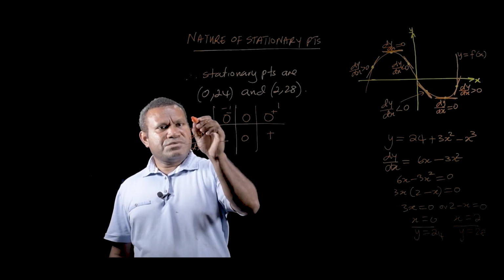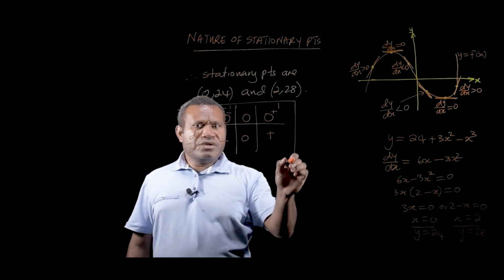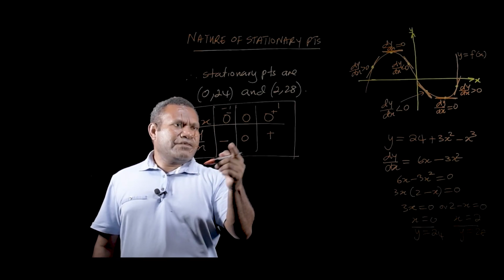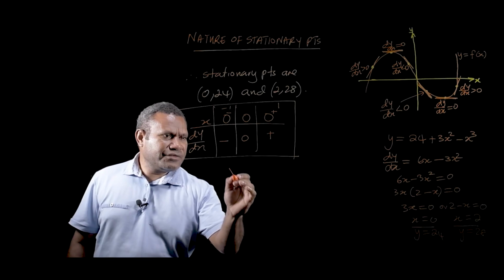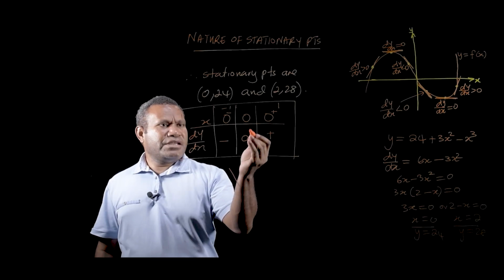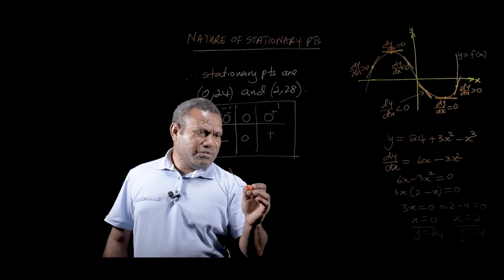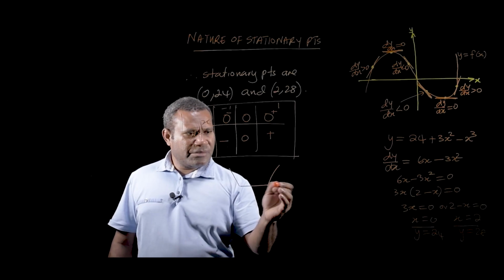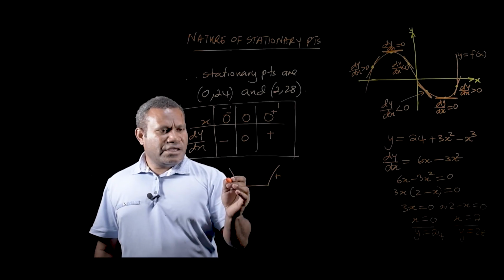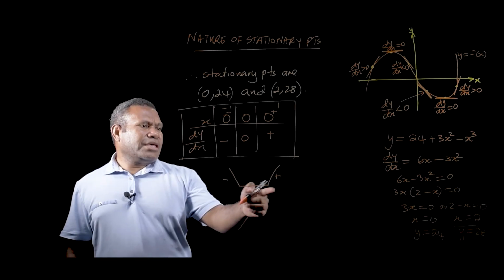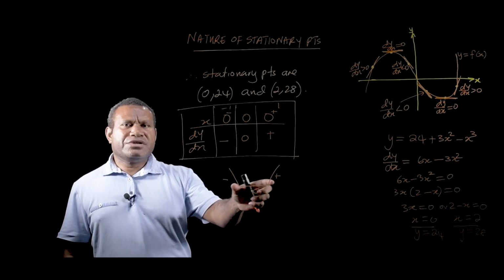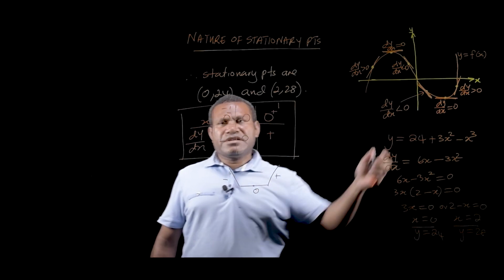All right, so if I create this small table here, you will find that we've got a negative, 0, and positive. So it will look something like this. We have a negative gradient on the left side of 0, and we have 0 and then positive. And this indicates to us that it resembles this part of the function.